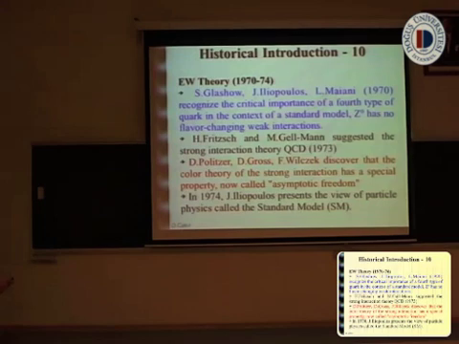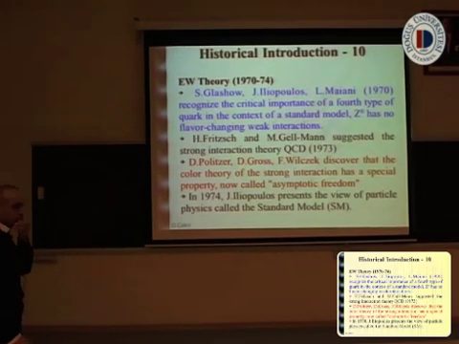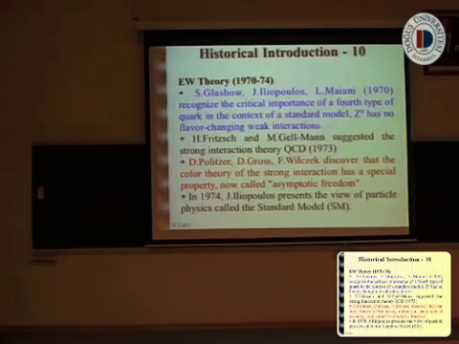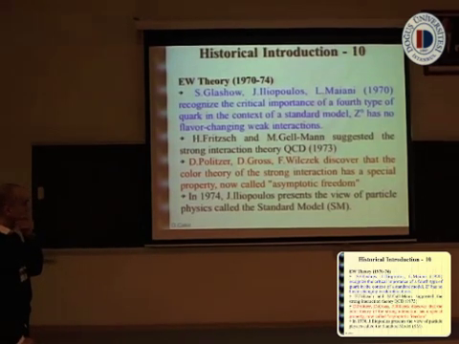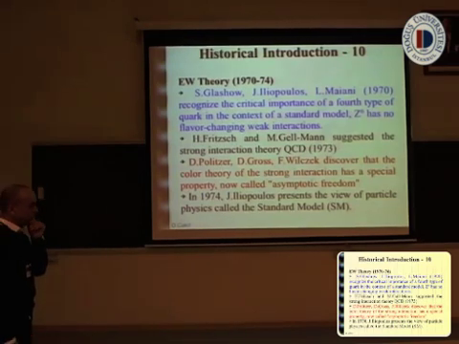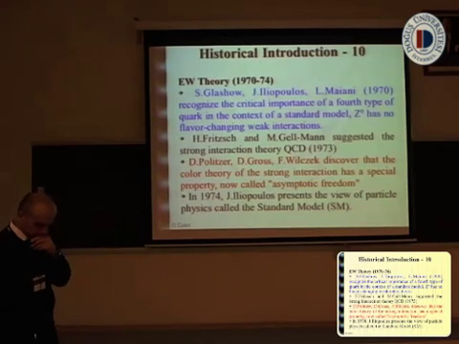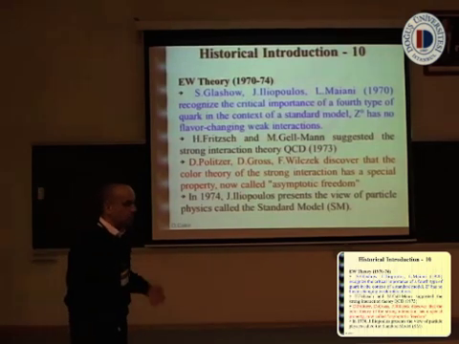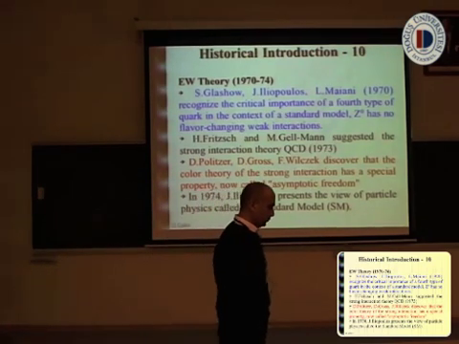Later, Fritzsch and Gell-Mann suggested the strong interaction theory, QCD, quantum chromodynamics, in 1973. Politzer, Gross, and Wilczek discovered the color theory of strong interaction, which has a special property. Now we call it asymptotic freedom. At higher energies, partons behave as if they are free.